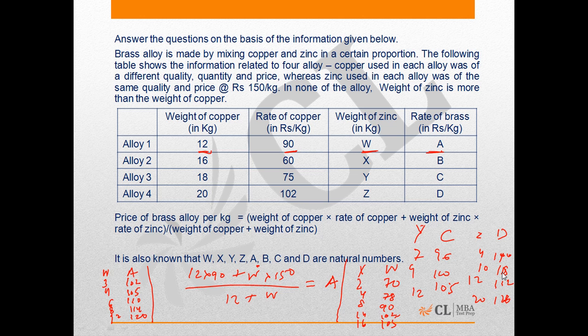So these are the possible values of W, A, X, B, Y, C, Z and D. Now let's move to the questions.